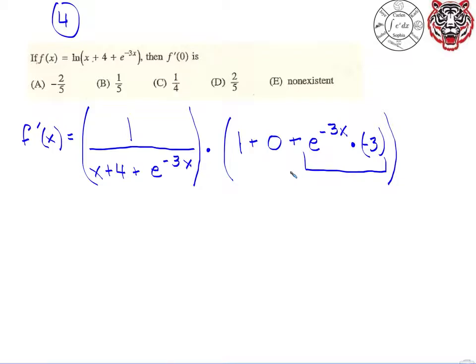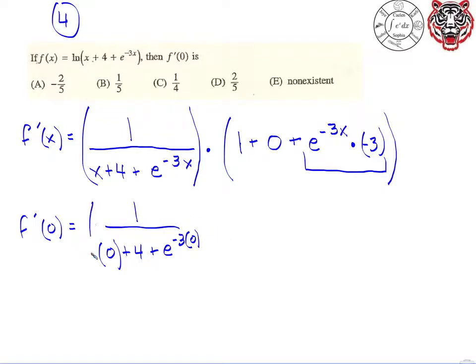Cool. All right, and then we have to plug in 0. The cool thing about plugging in 0 is you don't really have to simplify. I mean, you could, but you could just plug it in as well. For multiple choice, it just goes faster to plug it in most of the time. So f prime of 0 is 1 over 0 plus 4, with parentheses around where I subbed it, plus e to the negative 3 times 0.